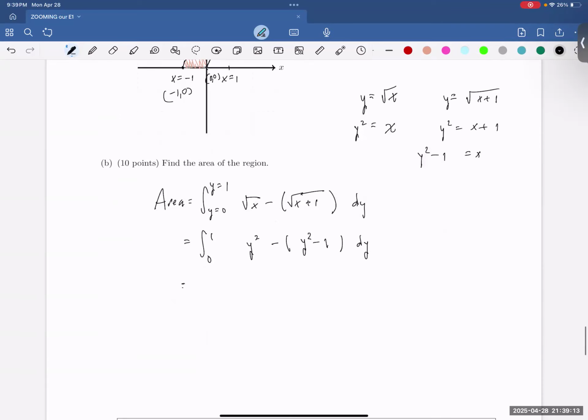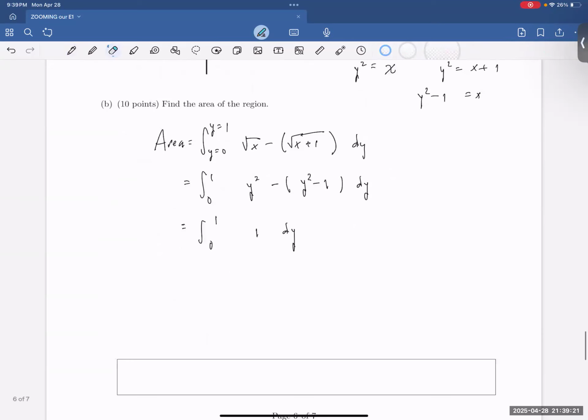And again, we can get 1 dy because those y squareds cancel. When you anti-differentiate, we get y from 0 to 1. That's going to be 1.